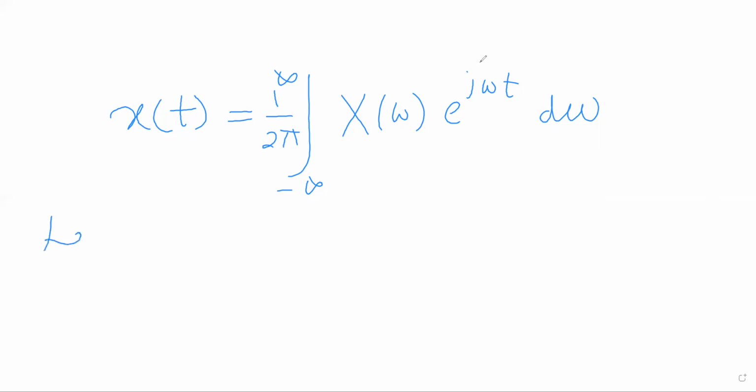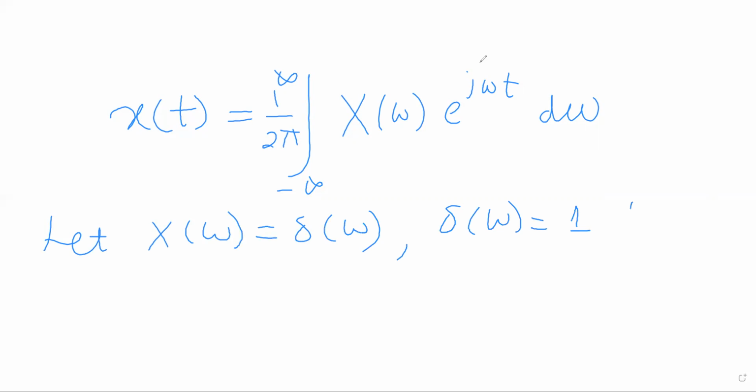Now considering X of omega as a delta function, delta omega, which is equal to 1 for omega equal to 0 and 0 anywhere else where omega is not equal to 0.